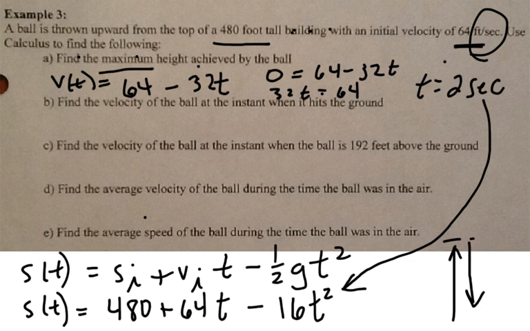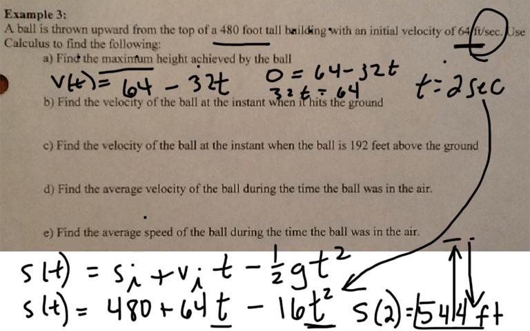So plug 2 in for t here and here. You can do that using your calculator. S of 2 equals 544 feet. And that's the answer for part A. Okay.